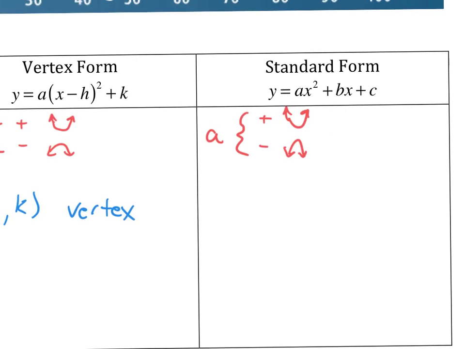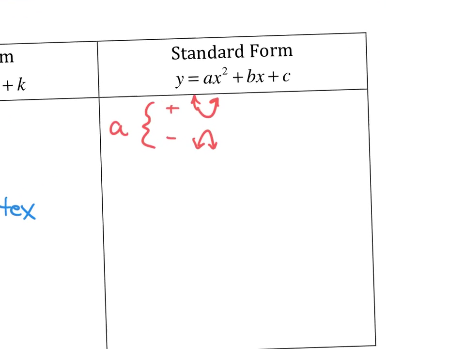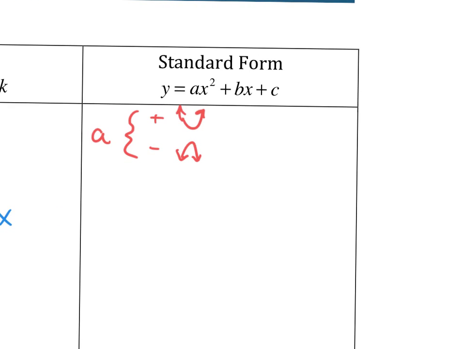This one gets a little bit more complicated about what it means to find the vertex. So we'll get to the vertex in a second, but the axis of symmetry is going to be found by using a super secret formula, and that formula is this: x equals negative b over 2a.